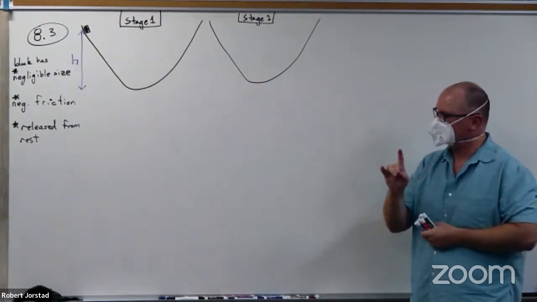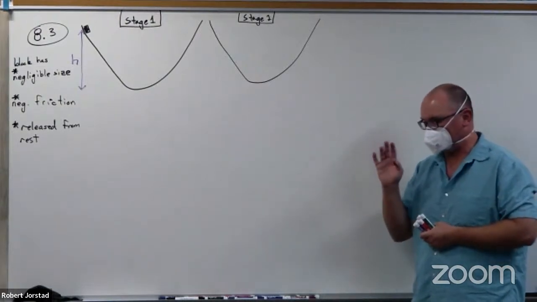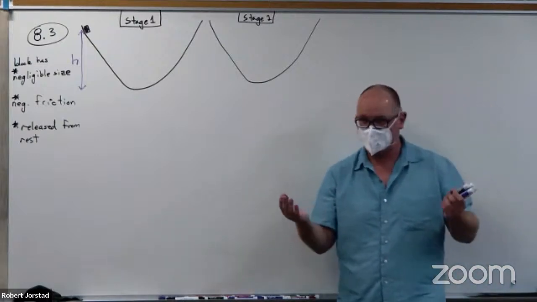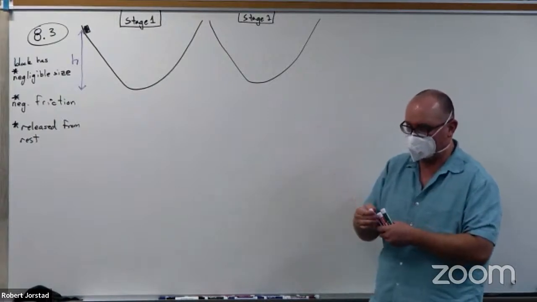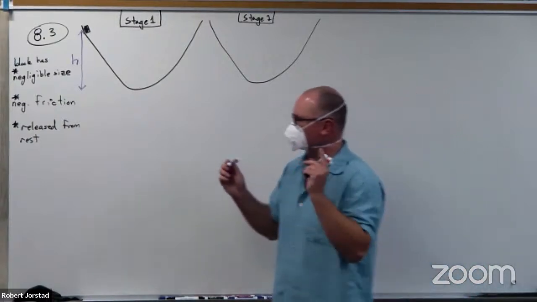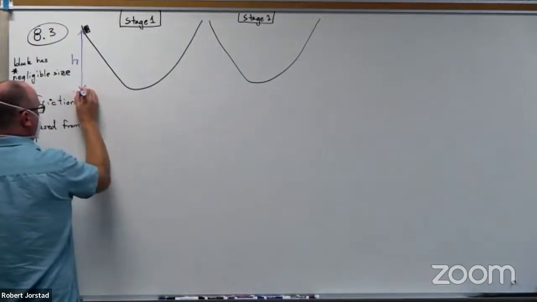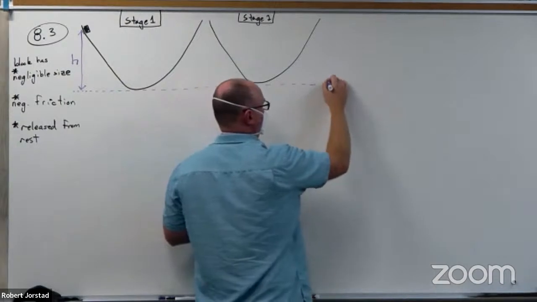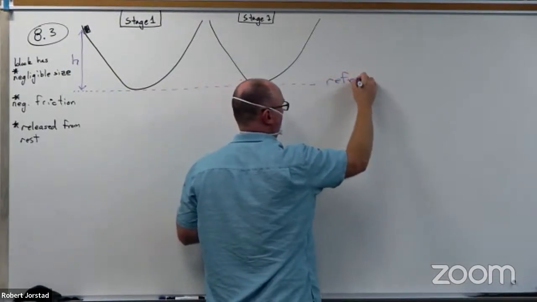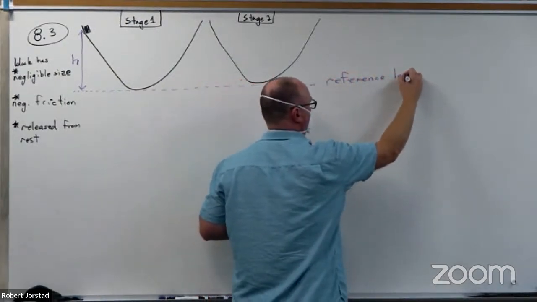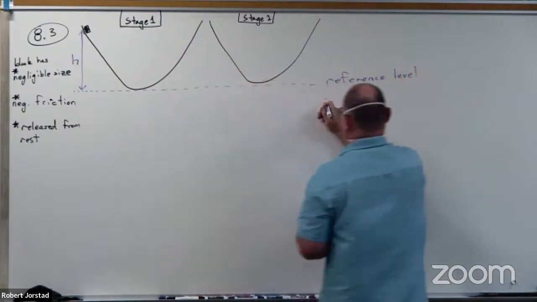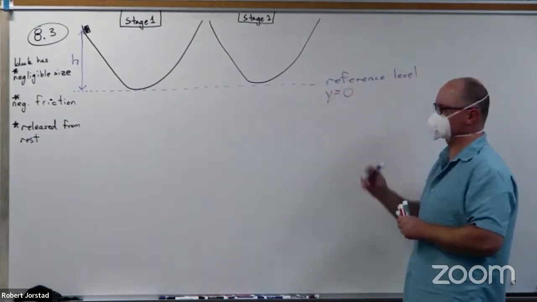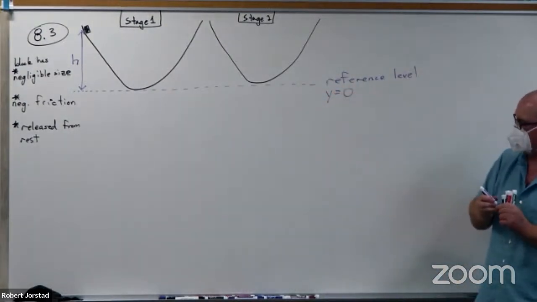Next, in all of these gravitational problems, and basically in all of your physics problems, we need a coordinate system. For an energy problem, we're going to call that coordinate system a reference level. So let me just draw this, and I promise I'll explain it in a second. I'm going to call this my reference level. Basically, at this height, this is y equals 0. It's like the 0 level of my coordinate system.